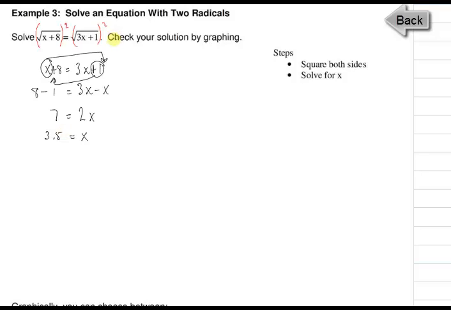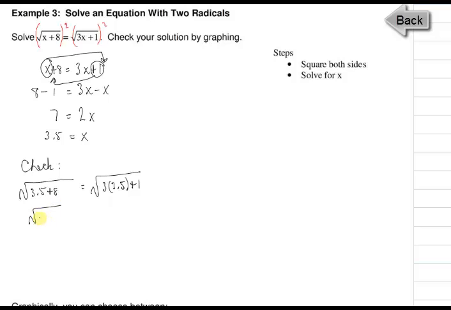Now, I know here that it says to check your solution by graphing, but we're also going to do it algebraically. And so here is my check. I want to put 3.5 back into the original equation. Remember, always back into the original equation. So I want to go square root of 3.5 plus 8 equals the square root of 3 times 3.5 plus 1.